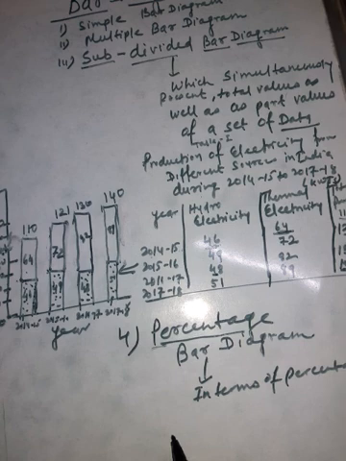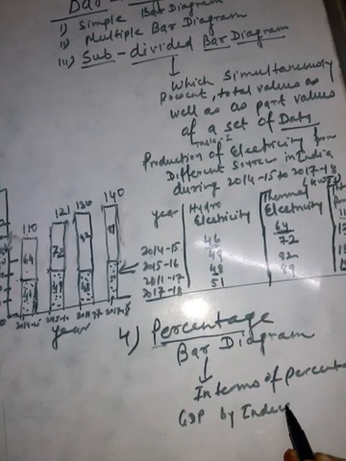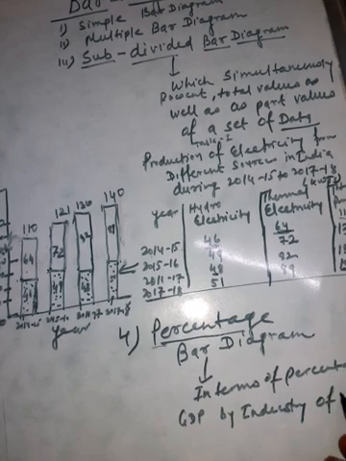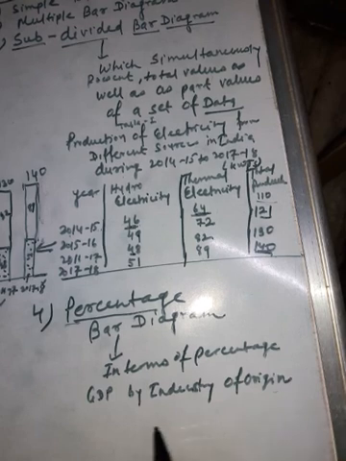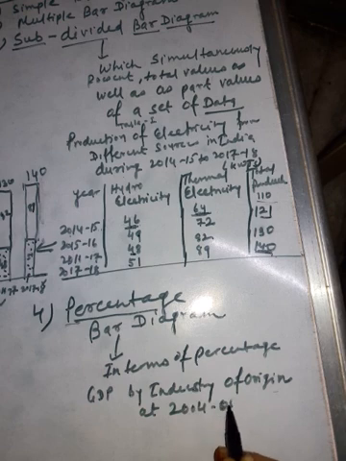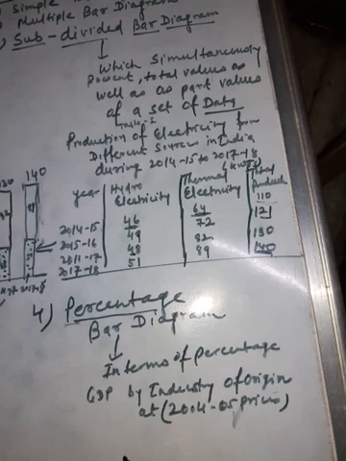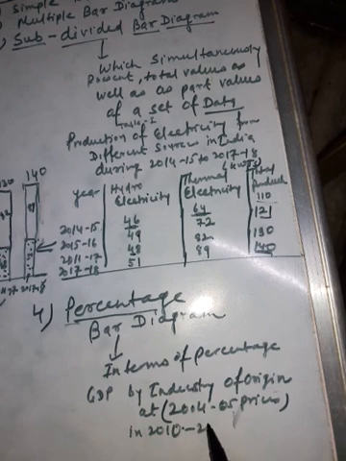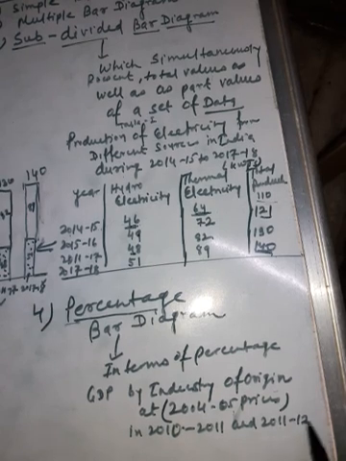Suppose we have data of GDP, gross domestic product, by industry of origin, at 2004-05 prices, that would be the base year, for 2010-11 and 2011-12.